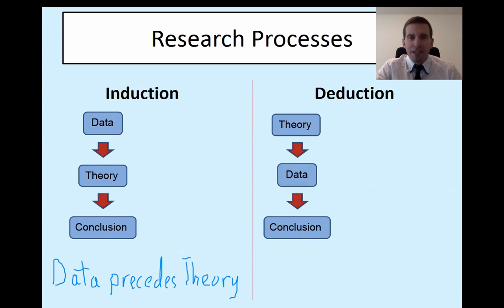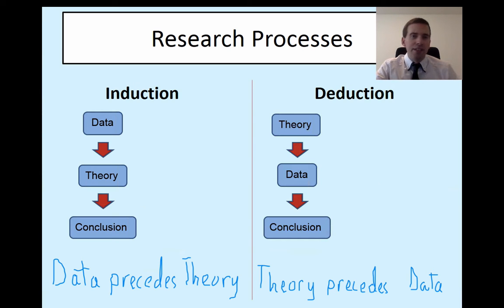You then acquire data, and from this, the data will either support or oppose the original theory. So your conclusion would be either support or opposition to that original theory. So there's a slight difference in how you go about an inductive research process or a deductive research process.